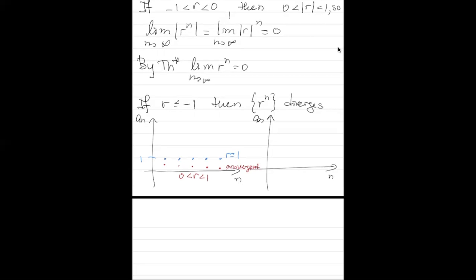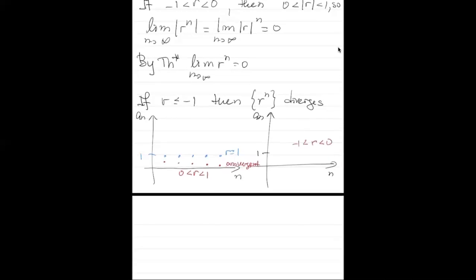Okay, so now if this is 1 here in another graph, I'm going to illustrate the case when r is between -1 and 0. So we showed that this limit is 0, and the elements will start with -1, and then they'll be positive, and then negative, positive, negative, oscillating, but getting closer and closer to 0.